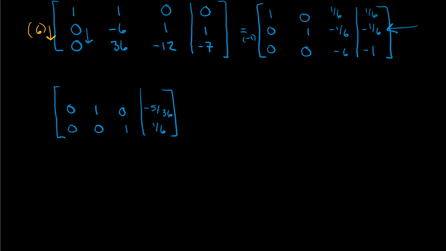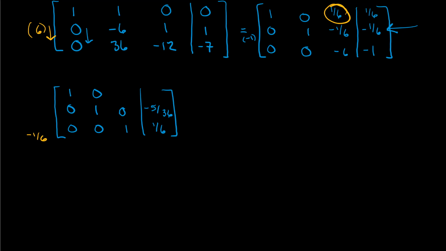In the first row, I need to zero out this positive a sixth. So I'm going to multiply by a negative 1/6, then add it to the first row. First, I have this 0 plus the 1 that's already in the first row will give me 1. Now I have this 0 plus a 0 that's already in the first row will give me a 0.